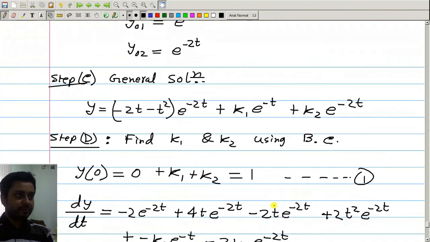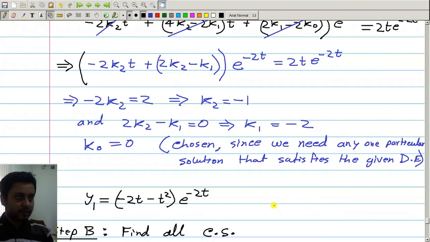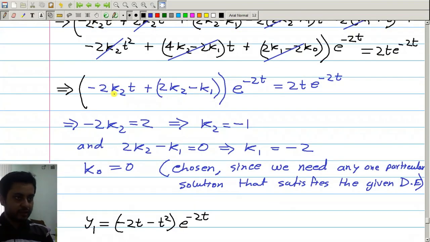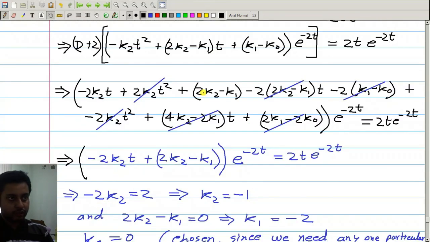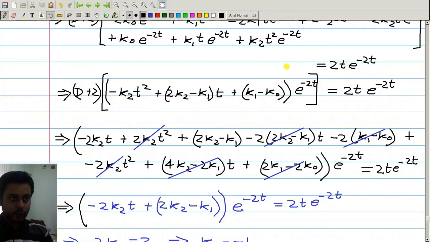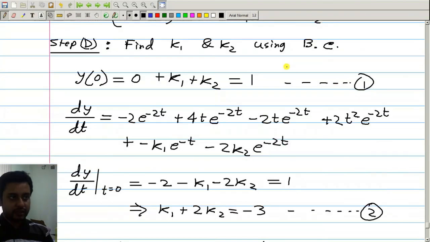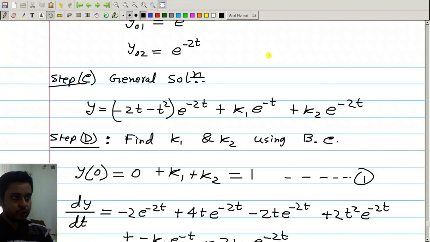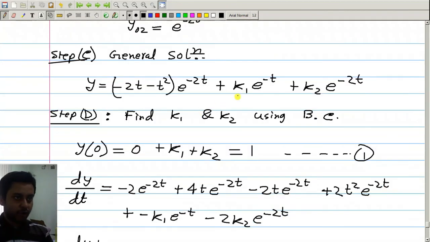One thing, here previously I used k1, k2, the symbols for a different purpose, for getting the particular solution, and again I have used the same symbol k1, k2 to write the general form of the solution. To distinguish this, let me put say k1 bar, k2 bar everywhere.